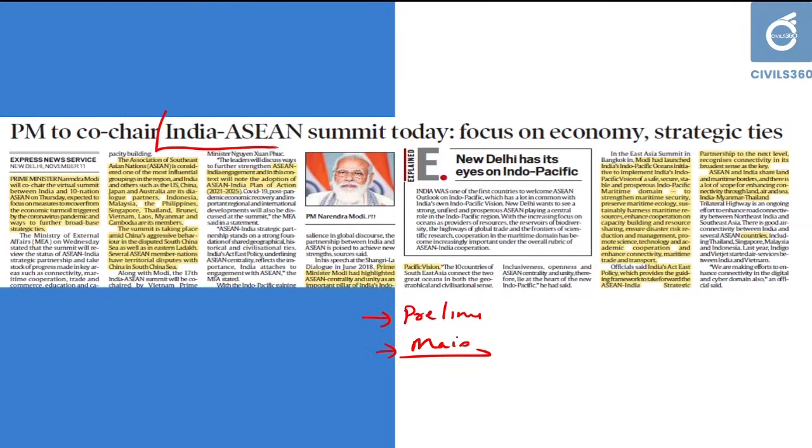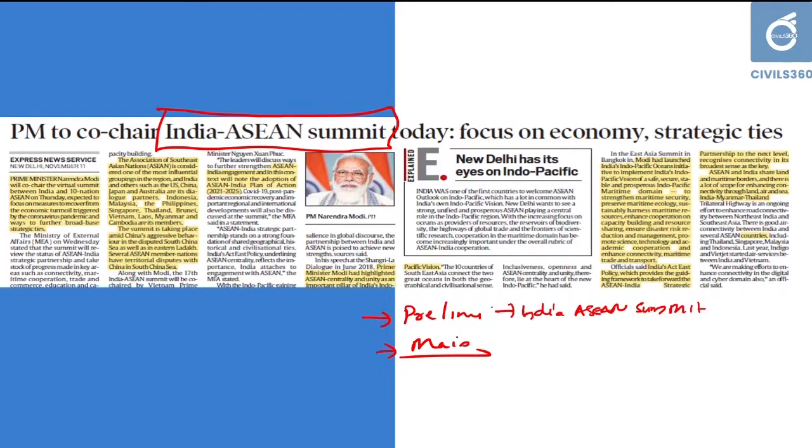First thing is you need to understand what the India-ASEAN Summit is. Understand what it is, how it functions and who all are the members of the India-ASEAN Summit. Just understand that. This is for prelims. You just need to identify the issues of the setup or structure of the India-ASEAN Summit.